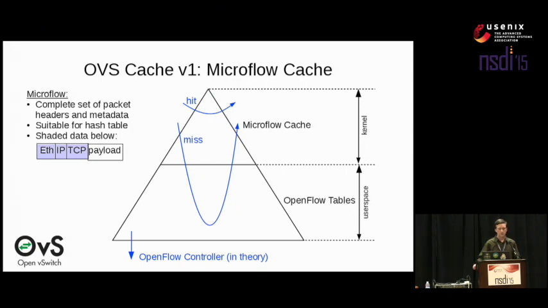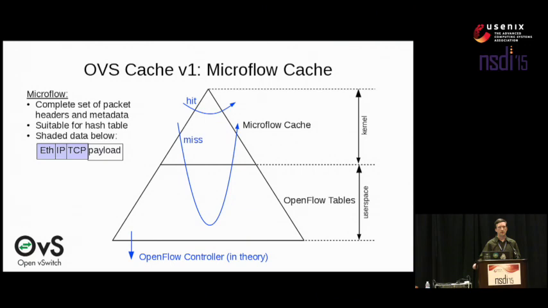So this gave us a really big speed up. The Microflow cache helps greatly for those packets after the first packet. Everything is 100 times faster, and that gave us the 100 times speed up that we needed.